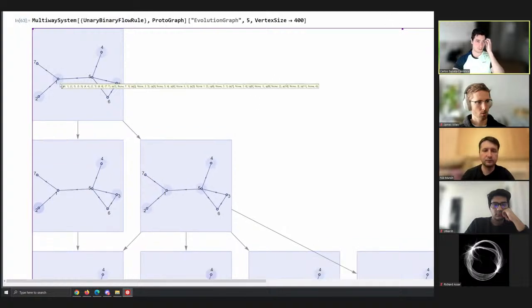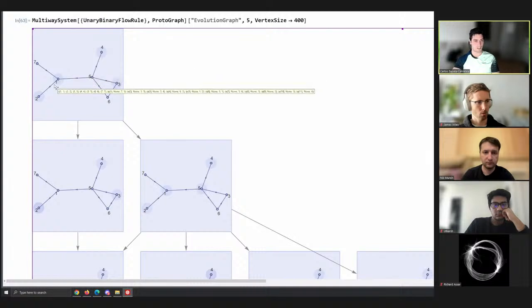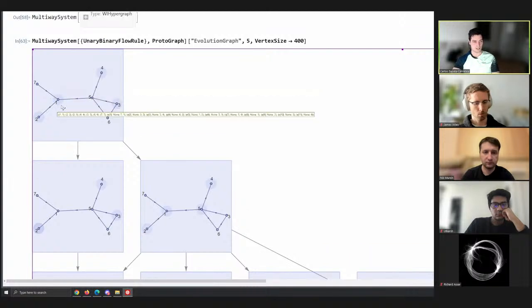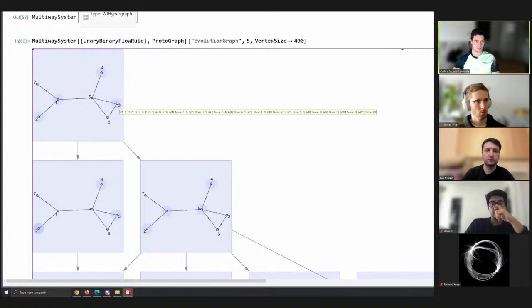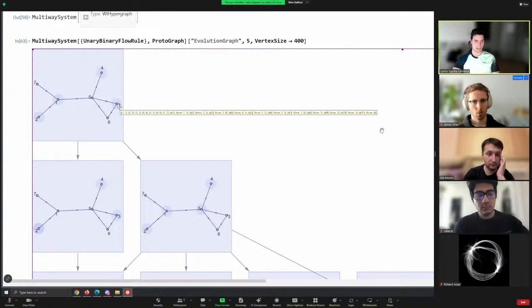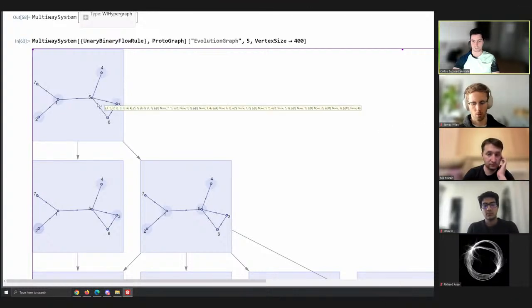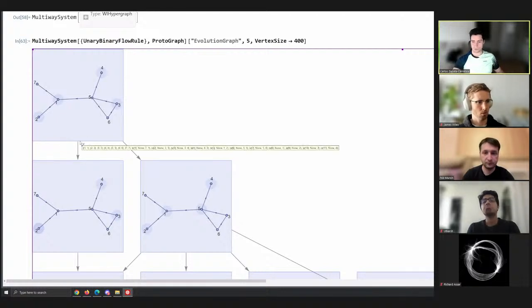Yeah, so as you can see here, the unary edge on 1 is at the tail of the 1-2 directed edge, and again, the unary edge on 3 is at the tail of the 3-5 directed edge. And that's why we have two matches. So we have two rule applications here.